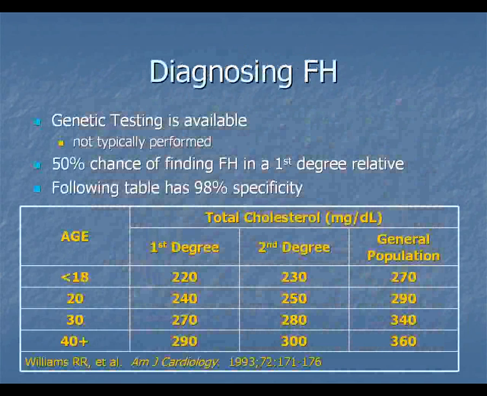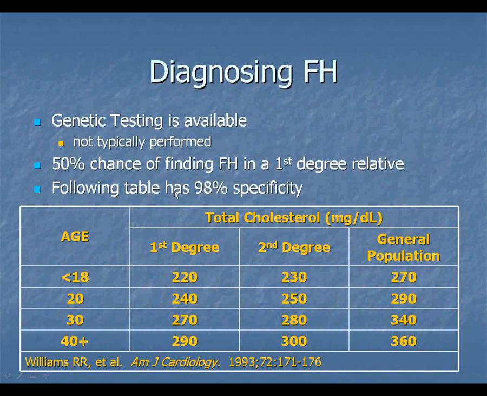When diagnosing FH, there is genetic testing available, but it's not typically performed, and that's because you can oftentimes make this diagnosis strictly from the numbers that you're seeing. This was an interesting table that I found.